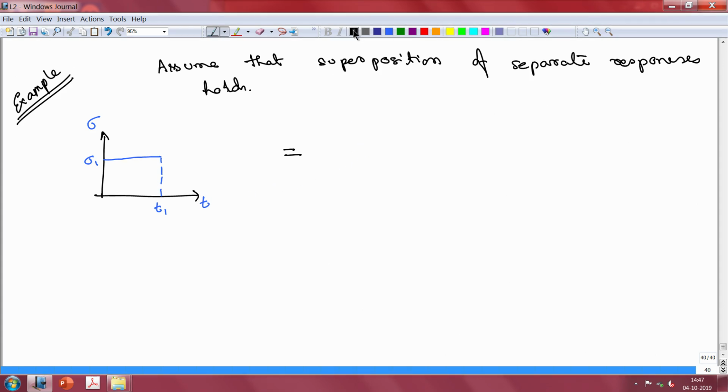Let us say that you decided to break it up into two separate signals, one which remains at sigma 1 forever.